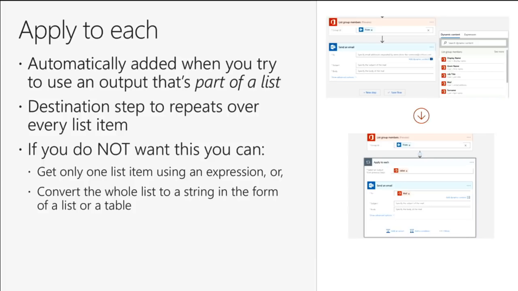So this may be what you want. Maybe you want an email for each user in the group. However, in some cases, it's not what you want. And you can manipulate this by grabbing a certain item from the list or by converting the whole list to a string.